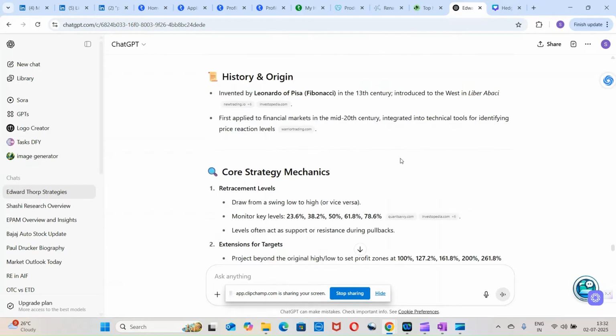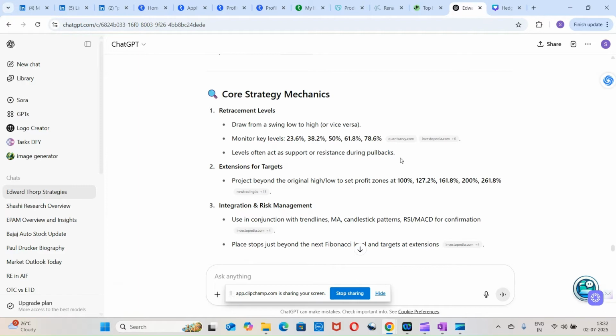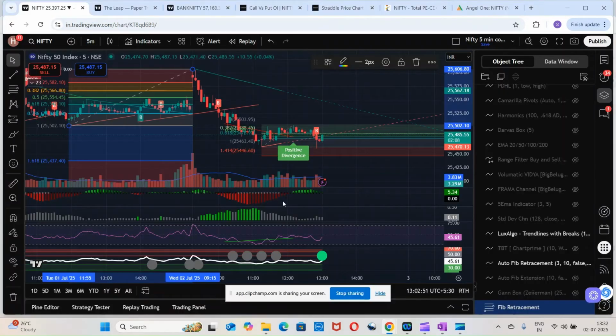Okay, so the core strategy basically involves, I'll show you what a Fibonacci series looks like. You have tools in TradingView where you could put an auto fib retracement, so it automatically draws the retracement levels for you.